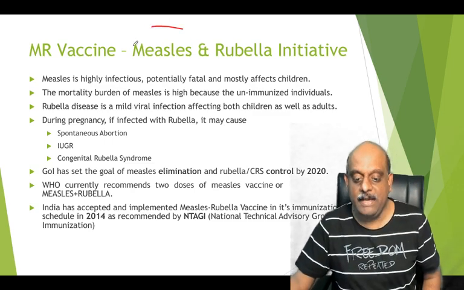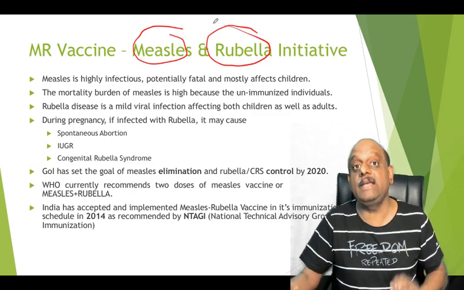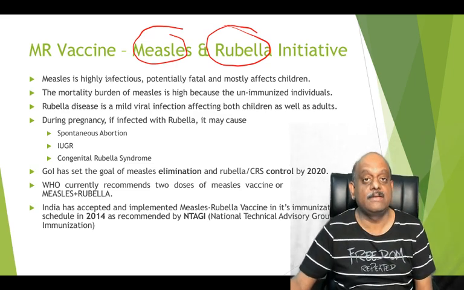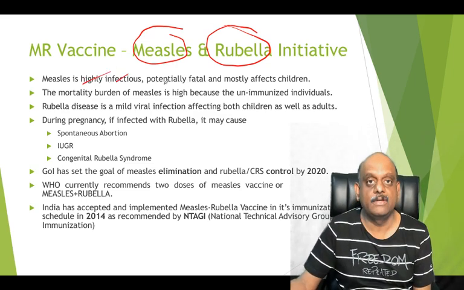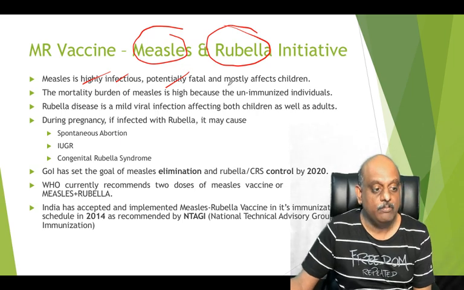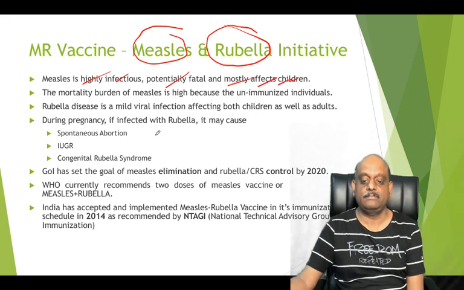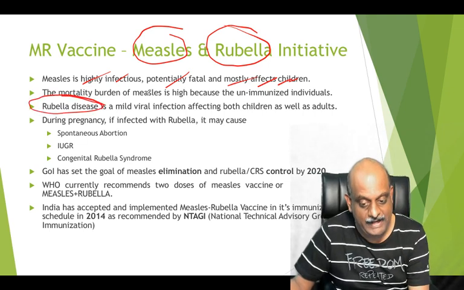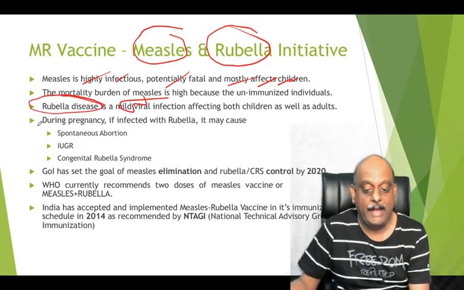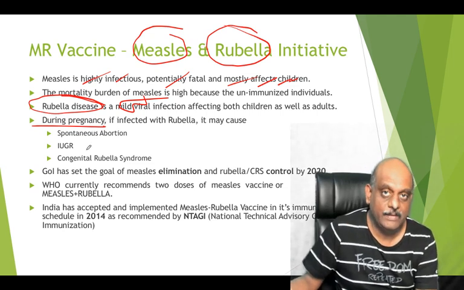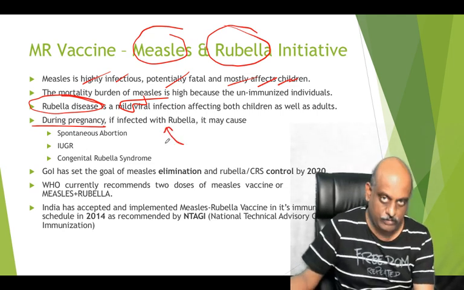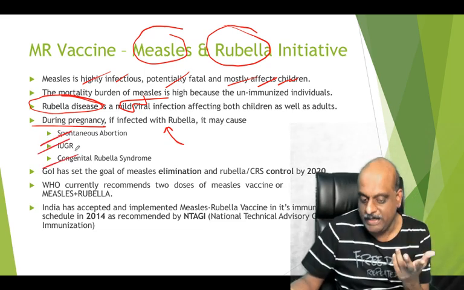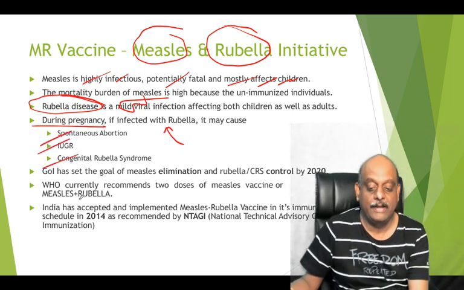Then, measles and rubella initiative, MR vaccine. You all know measles is highly infectious, potentially fatal, mostly affects children. Now, rubella is a mild viral infection, and during pregnancy, if infected with rubella, it can lead to spontaneous abortion, IUGR, congenital rubella syndrome.